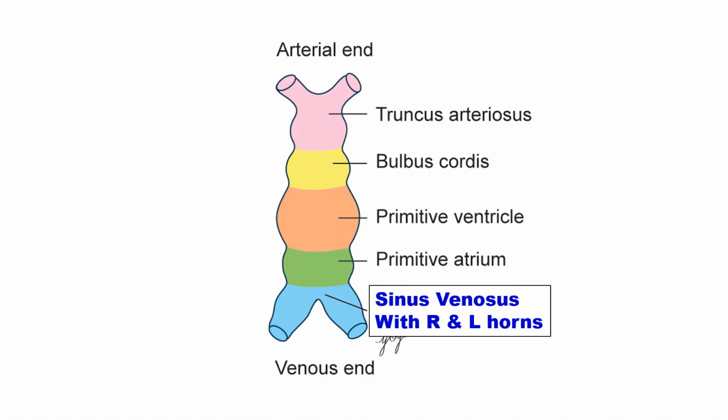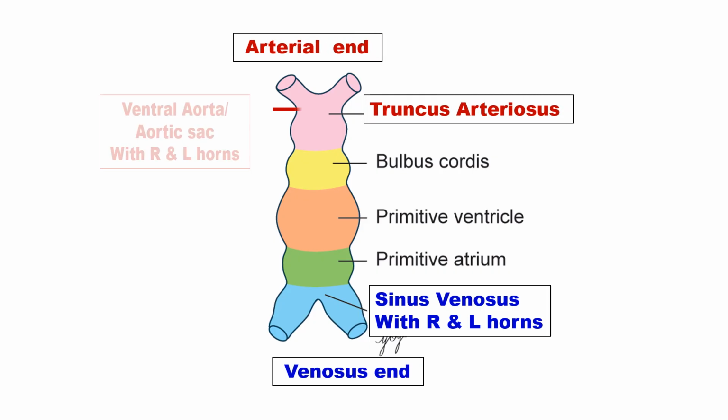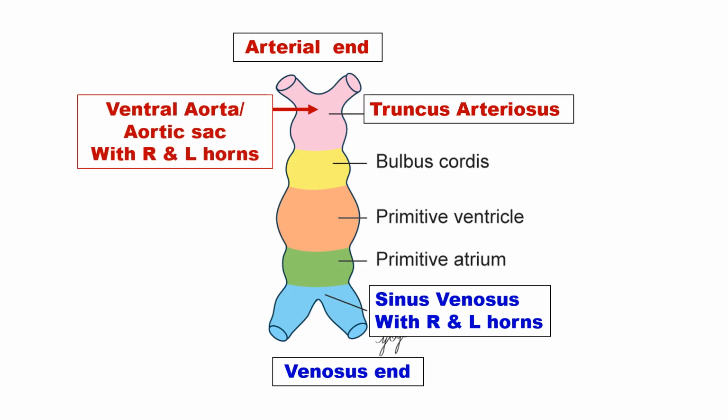The sinus venosus with right and left horns forms the venous end of the heart tube. The truncus arteriosus is the arterial end. It is now known as the ventral aorta or aortic sac with right and left horns.